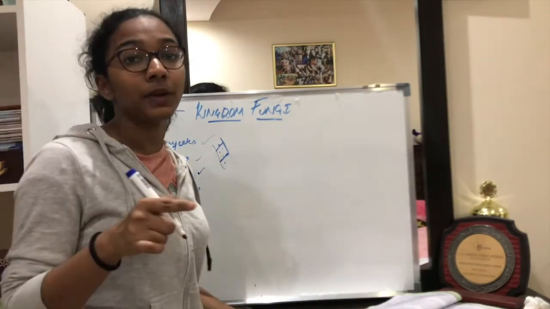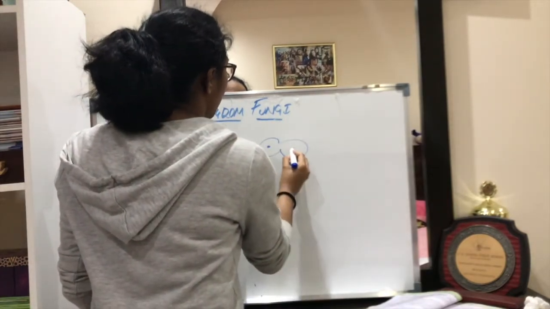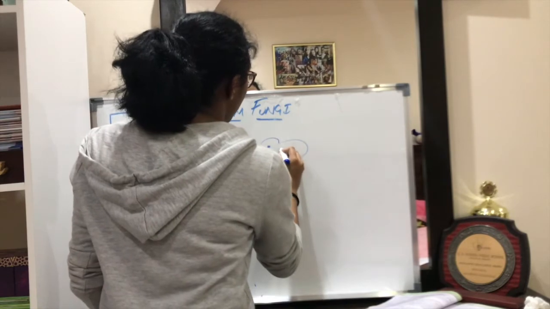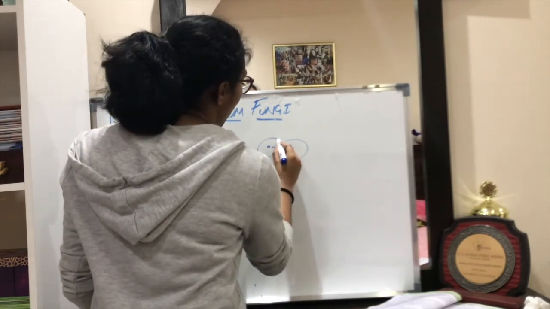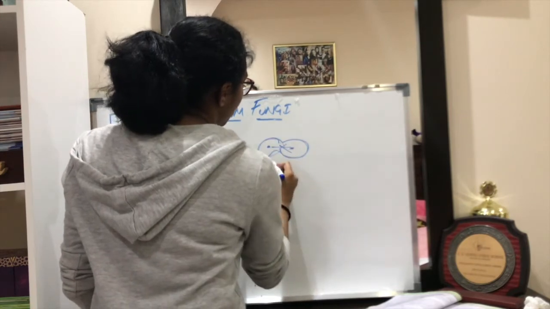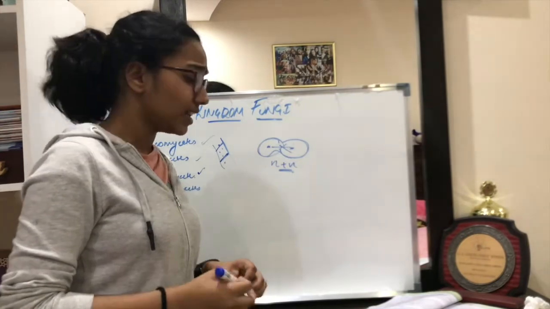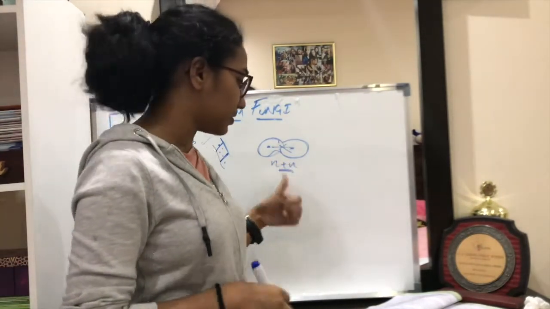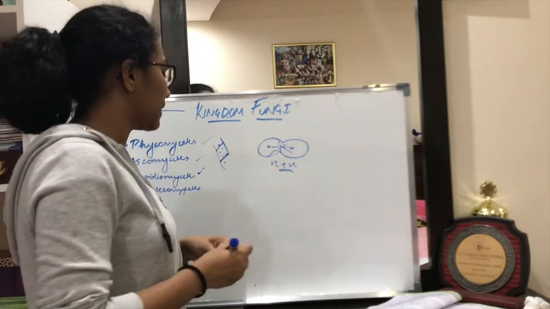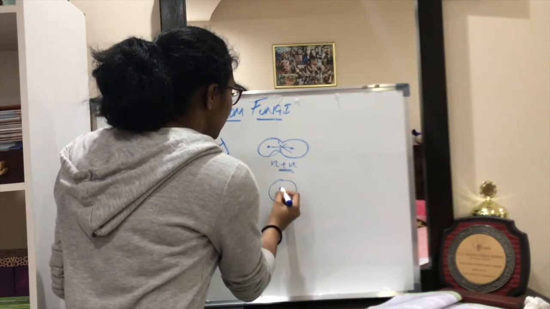So when they undergo plasmogamy, a dikaryon is formed. The nuclei don't fuse, so there is a dikaryon formed in an N plus N condition, and in this dikaryon karyogamy further takes place, which forms a zygote known as the basidium.